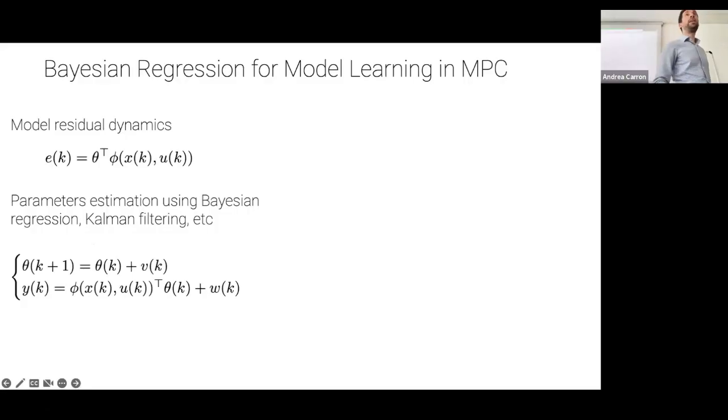Or we can use Kalman filtering, and this allows us to also learn features that are slowly time varying with respect to the dynamics.